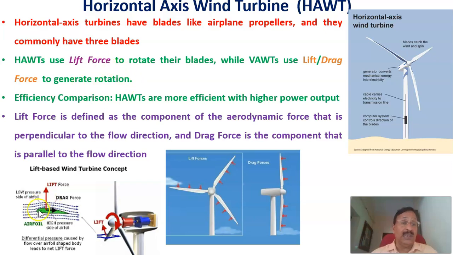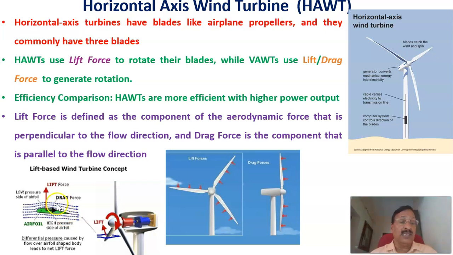Just to explain that, see this is the airfoil, and here the wind is flowing like this, and here the distance to be traveled is more. On the upper side the distance traveled is more than the lower side. Therefore the velocity will be different. Where the wind has to travel more, the velocity will become more, and here the velocity will be less.